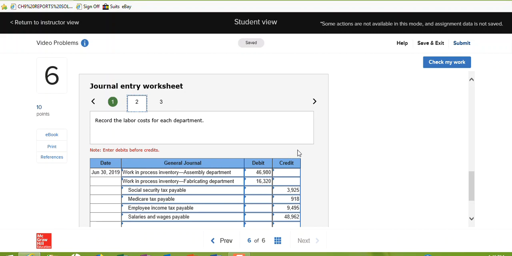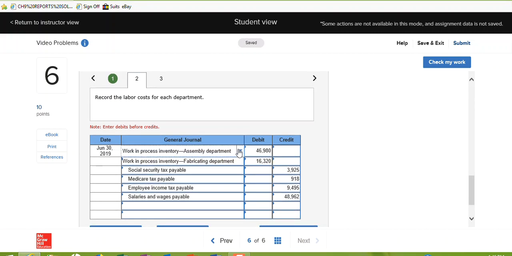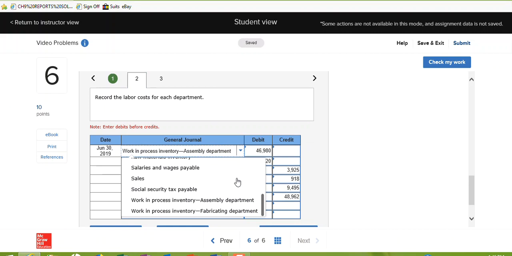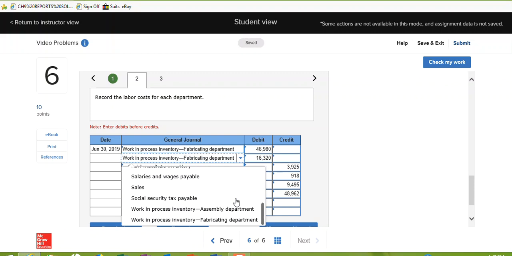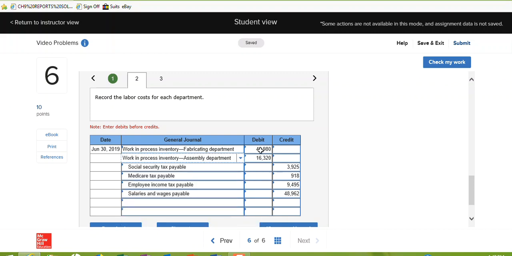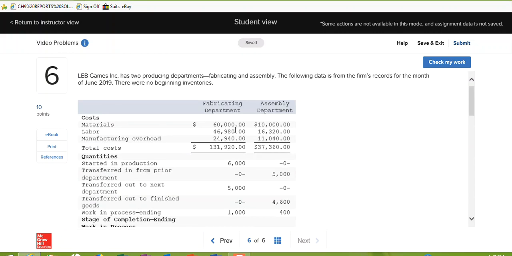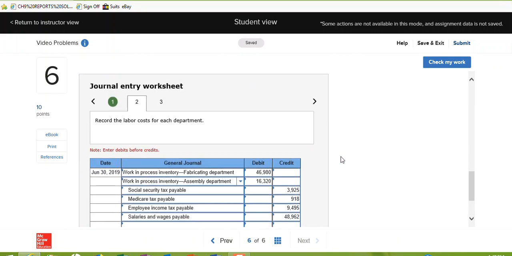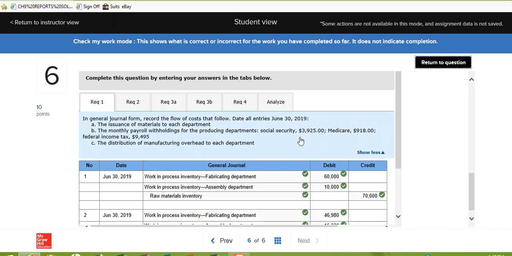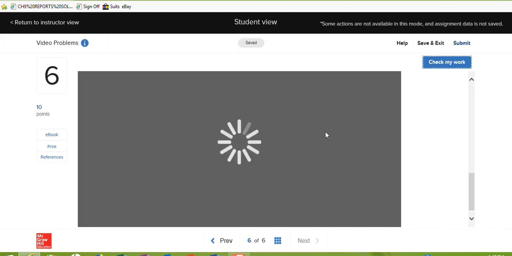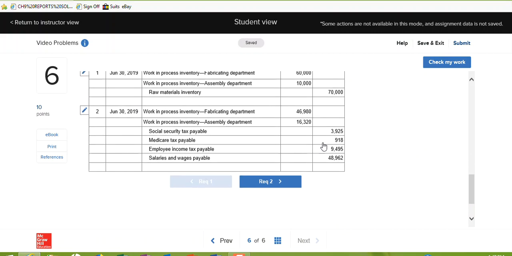I did not calculate those, so let's flip them. Let's put the fabricating department first, and the assembly department second. Fabricating was 46,980. Let's try that again, see if it works. Yep. All right, so just don't do like me. Make sure you can read and transfer stuff correctly.